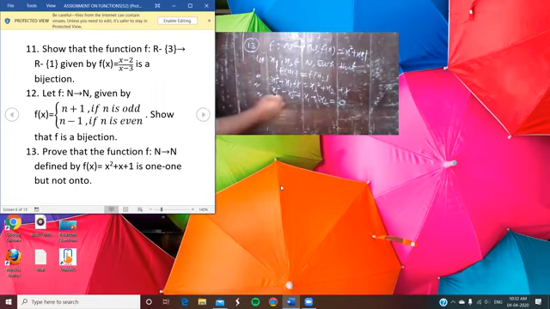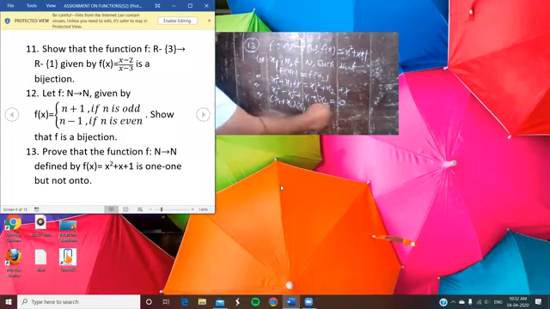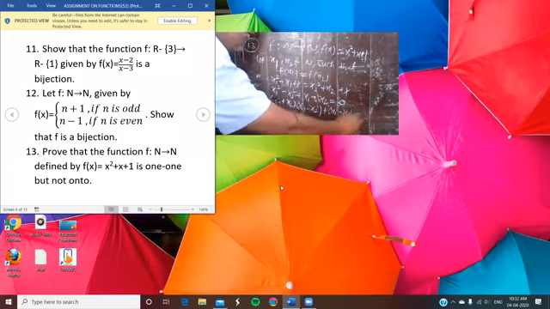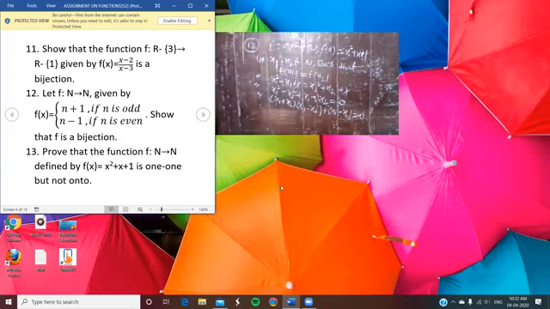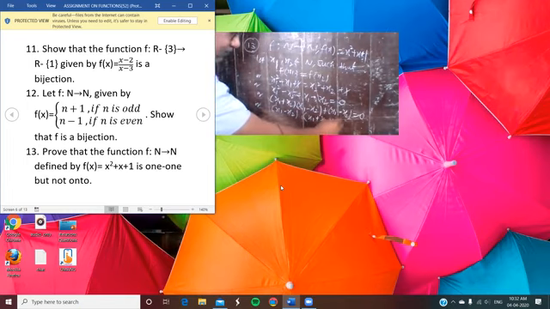Applying the formula for a square minus b square, you have (x1 plus x2) into (x1 minus x2), and here you have plus (x1 minus x2) is equal to 0. Now taking x1 minus x2 common, you have (x1 minus x2) into (x1 plus x2 plus 1) is equal to 0.